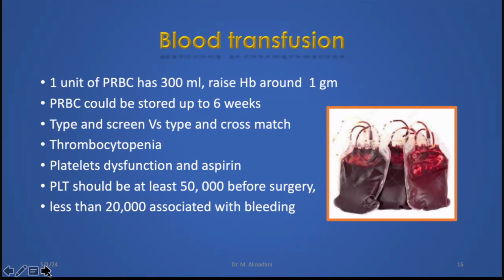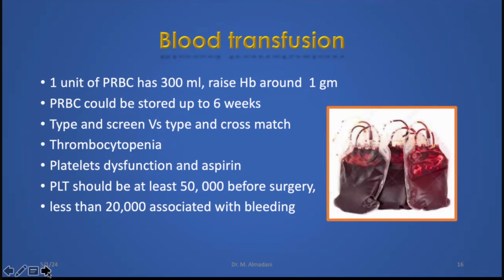In order for the hemoglobin to reach 10, you need approximately to give 3 units of packed RBCs. And as you know, blood stored in the lab lasts up to 6 weeks. After that, that blood will be discarded.